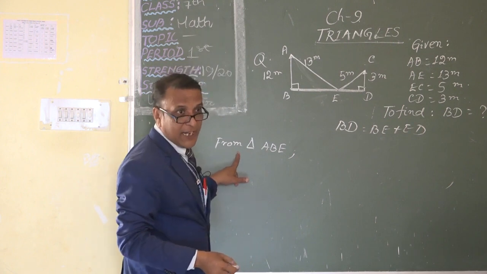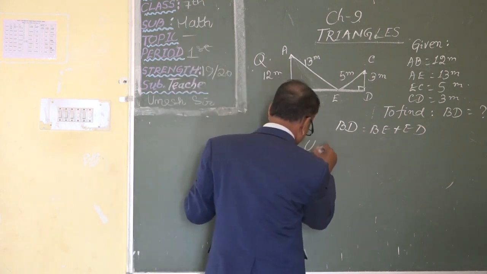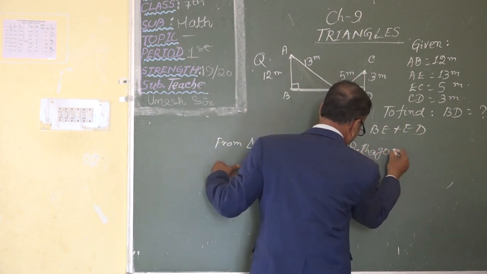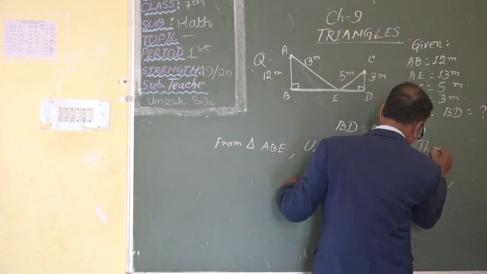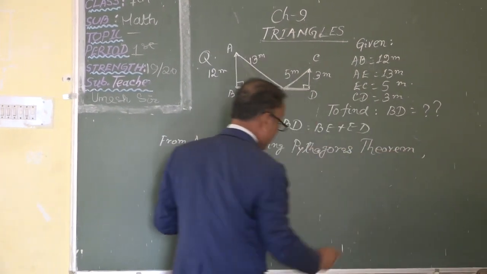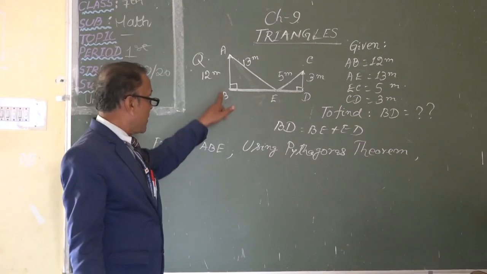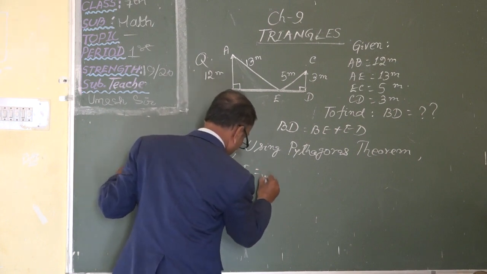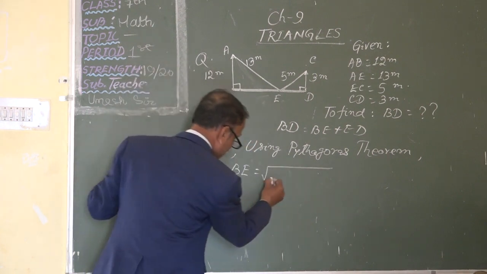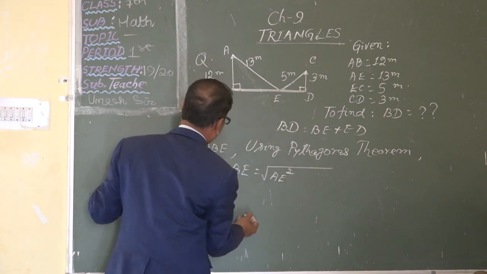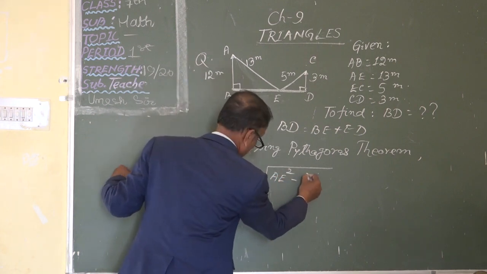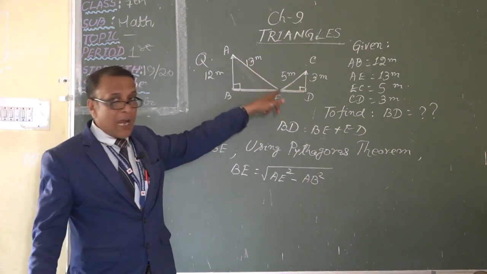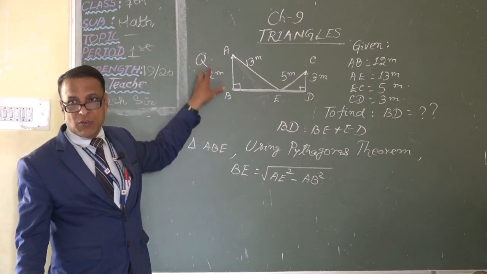So from triangle ABE, using Pythagoras theorem, B is equal to root over H square minus AB square. We have forgotten what? It is hypotenuse square, H square minus P square is equal to B square.